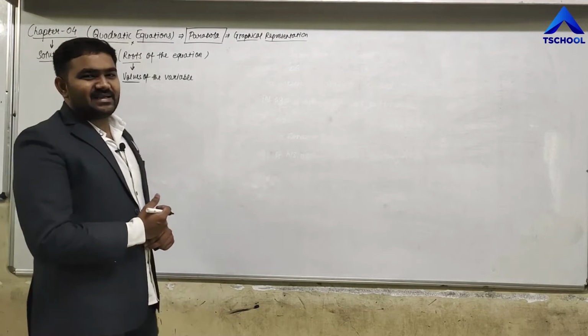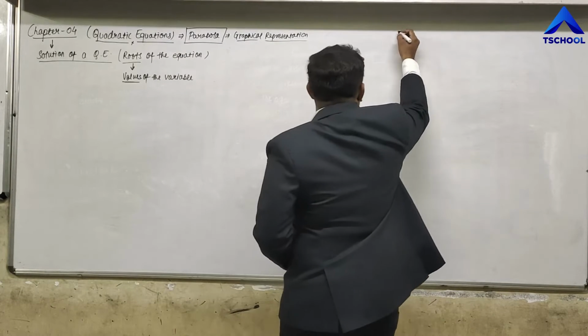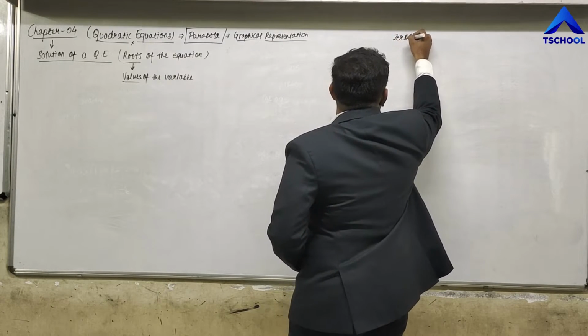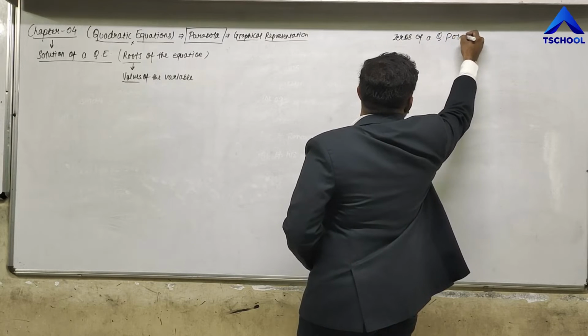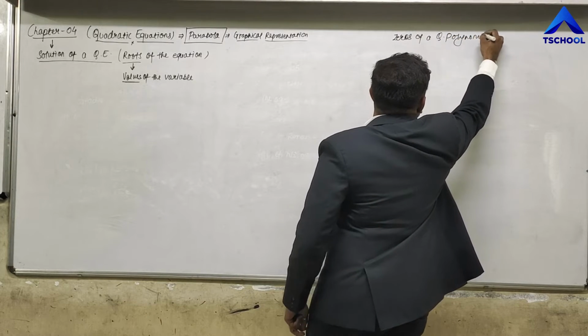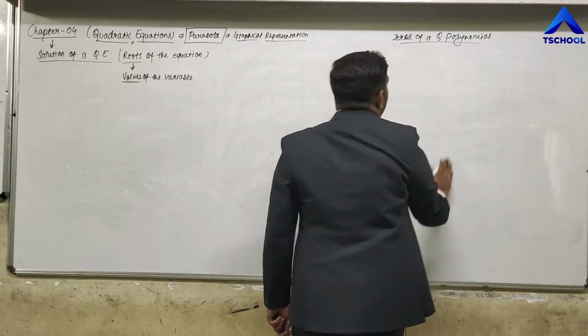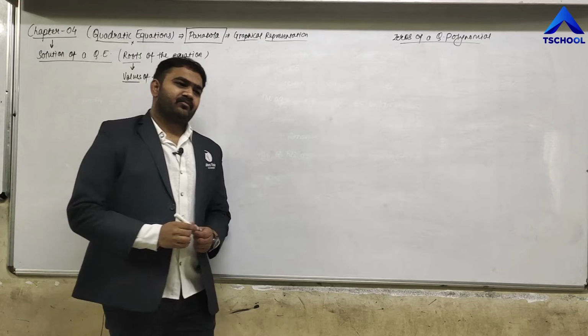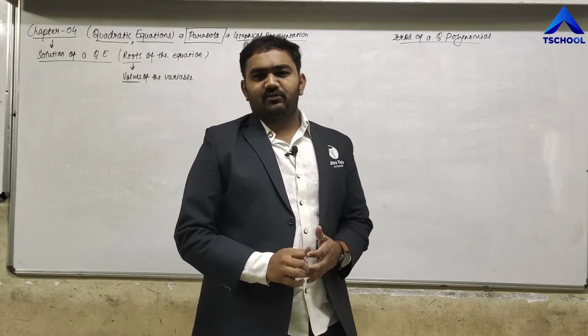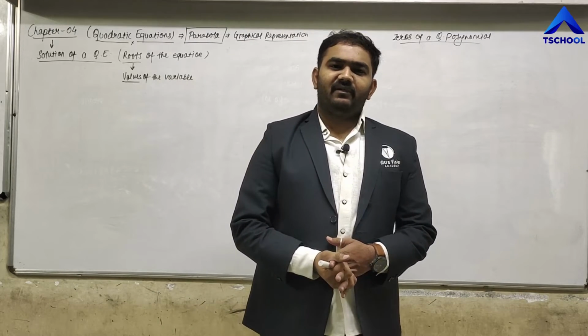This is exactly the same as finding the zeros of a quadratic polynomial. Right? In a quadratic polynomial, what we were doing is we were letting p of x equal to 0, and then we were factorizing.